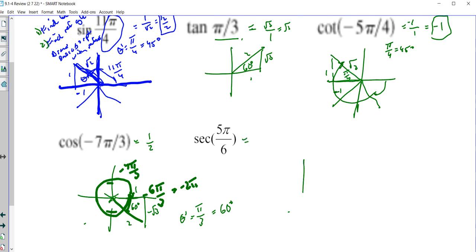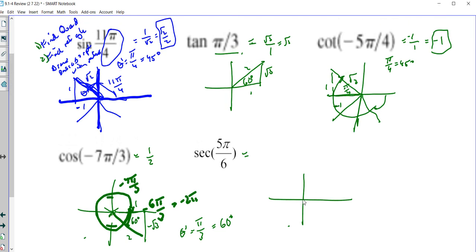Next, 5 pi over 6. Find out the quadrant. 5 pi over 6 is going to be over here, second quadrant. Pi over 6 is our reference angle. Pi over 6, if you don't know, is 30 degrees.